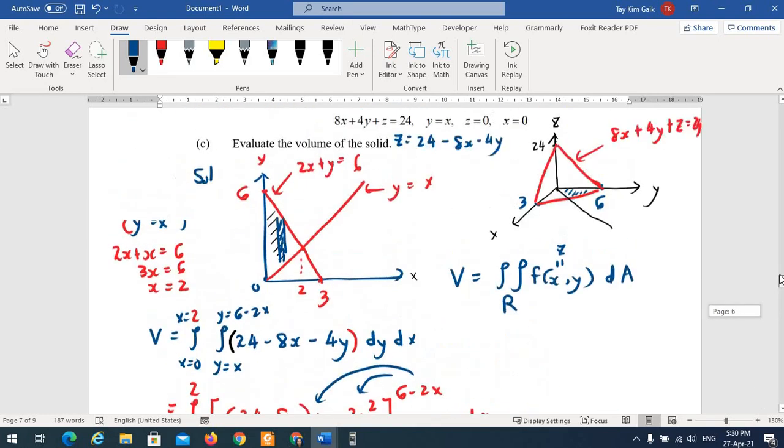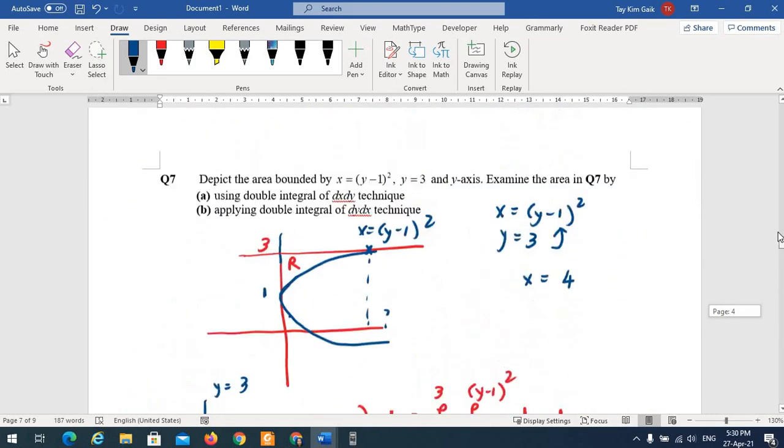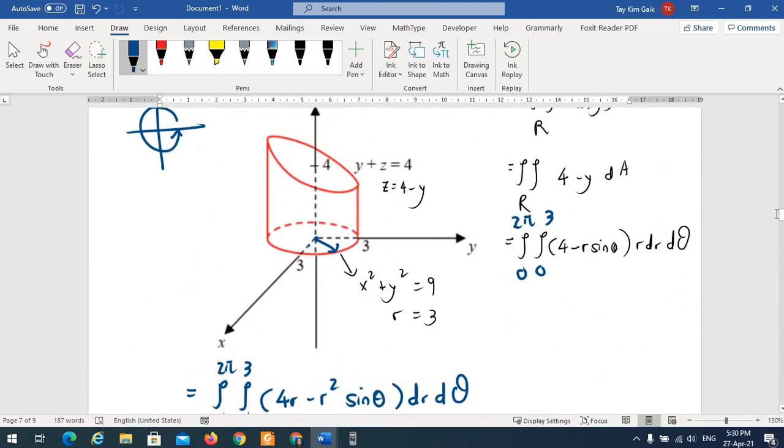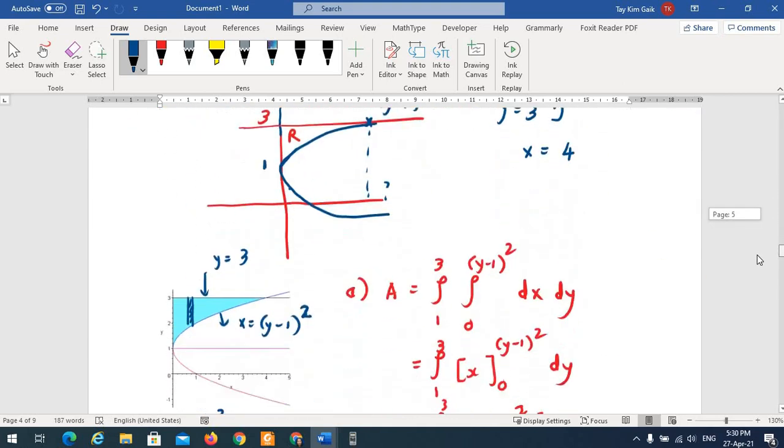For example, just now, we wanted to find the area of this cylinder below the curve z equals 4 minus 1. So the area of the solid in 3D, that's what we call surface area.